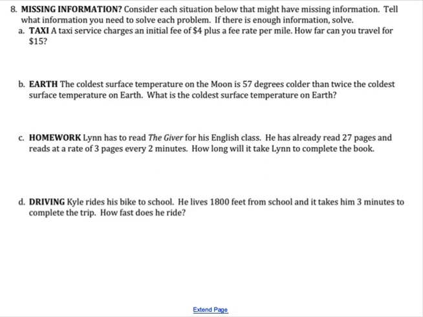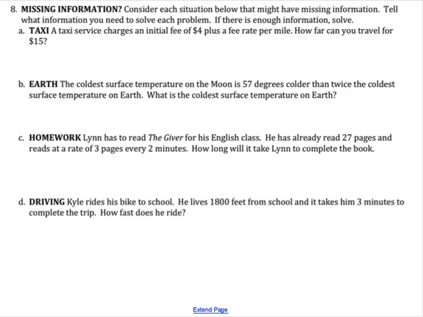Number 8, missing information. Consider each situation problem below that might have missing information. Tell what information you need to solve the problem. If there is enough information, go ahead and solve it. A taxi service charges an initial fee of $4 plus a fee rate per mile. How far can you travel for $15?